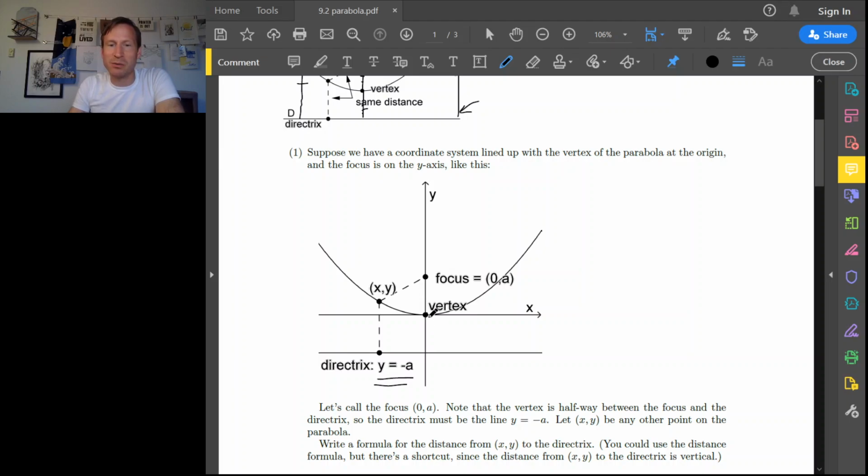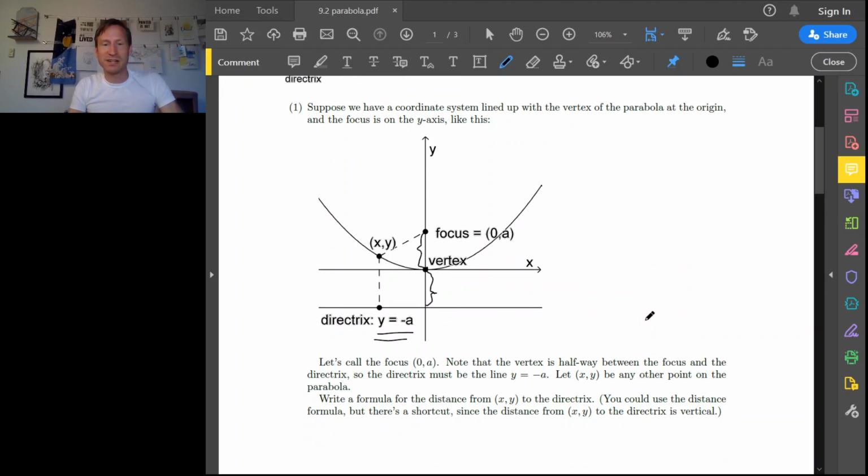One thing we know about parabolas is for any point on the parabola, and in particular for the vertex, the distance to the directrix and to the focus is the same. So that means if the directrix is a units down from the x-axis, the focus has to be a units up from the x-axis. So the focus is actually this point (0, a), and the directrix is the line y equals minus a.